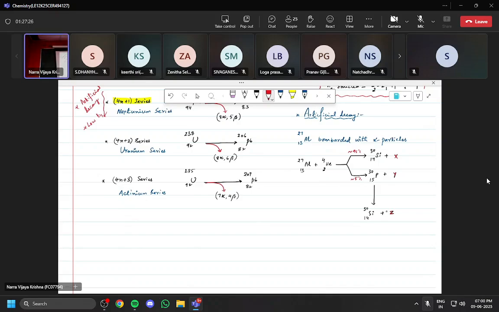This is one artificial decay. In that decay, when aluminum-27 nucleus is bombarded with an alpha particle, you got phosphorus-30 nucleus along with silicon-30, and three particles are emitted. One is X, one is Y, one is Z. What are X, Y, Z?